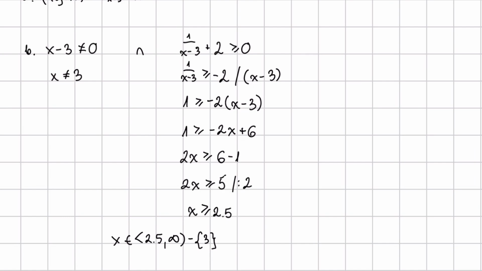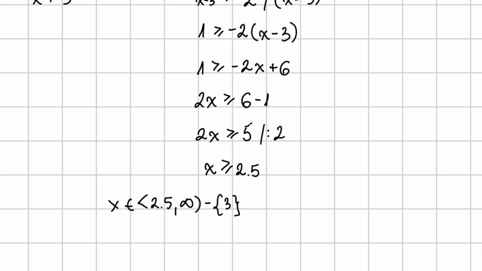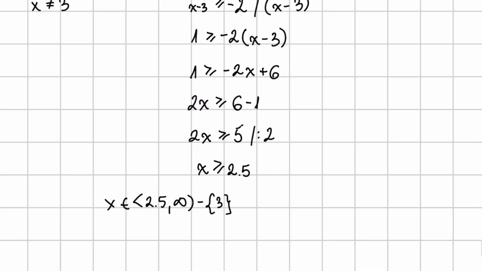And this is our final domain, including these two conditions, that our x is not 3 and our x is greater or equal to 2.5. And we can write it down like this, or we can also write two intervals. Depends how you just like writing the domain.